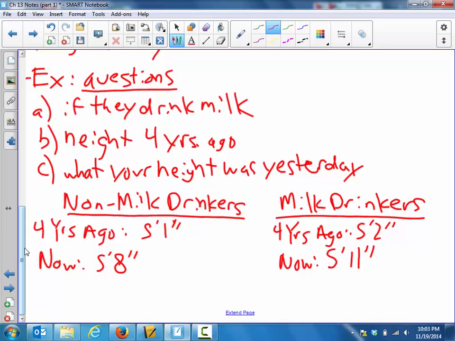Obviously it's very tempting to say that the two groups started off relatively comparable. Yes, the milk drinkers were an inch taller, but by the time these 4 years have elapsed, assuming the data was taken accurately, the milk drinkers shot ahead an additional 2 inches from where they started. So it certainly appears that milk drinking has influenced their height in a beneficial way, if it's a benefit to be taller.